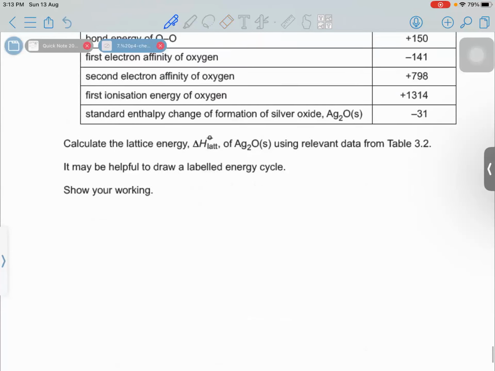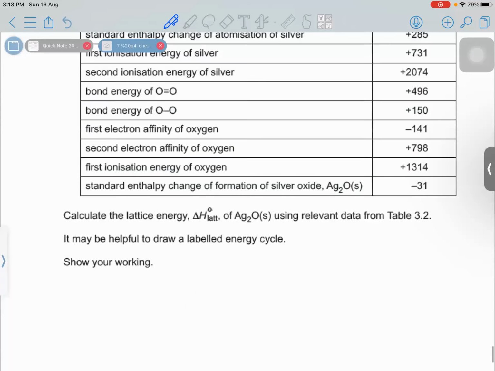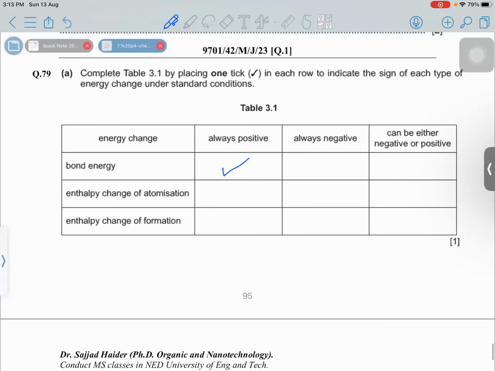Remember, this is a 42 variant, right? Atomization: endothermic.